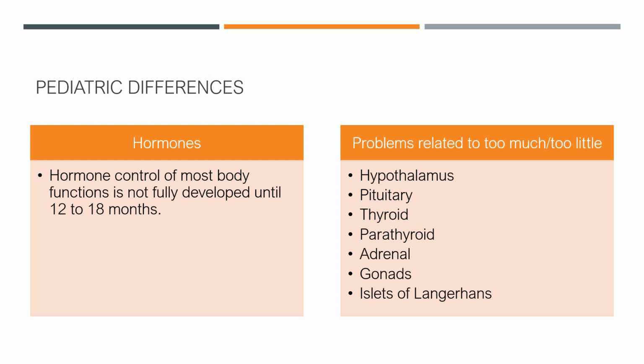So they're creeping around in the background of the child's body, happening because there's an insufficient production of some hormones somewhere. And then if the problem isn't diagnosed and treated early, then there are issues. The difference in peds to adults is that hormone control of almost every body function is not fully developed until 12 to 18 months.